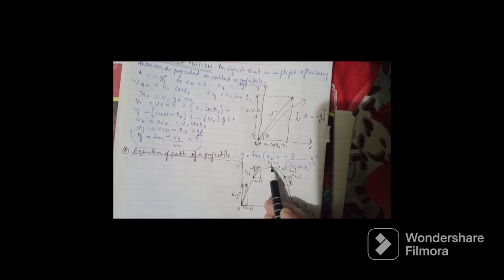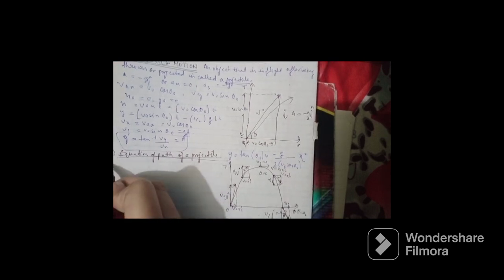This is your v, and this is vy j cap equals minus v naught y j cap. The path of a projectile is a parabola, that is what we are dealing with here, and this is all our range. So this graph is all about the maximum height, and this graph is related to the path of a projectile being a parabola.